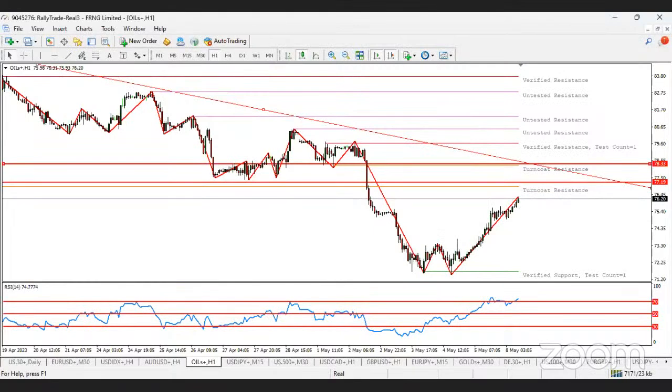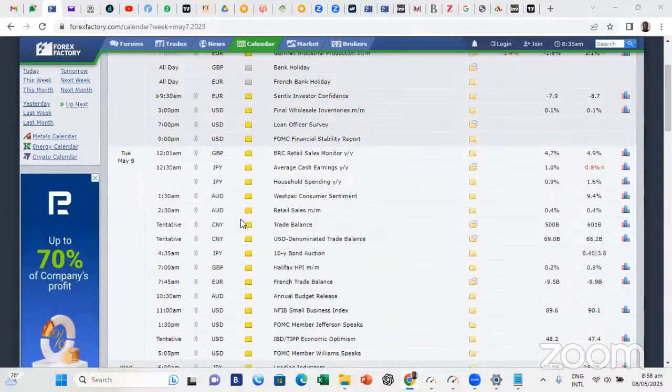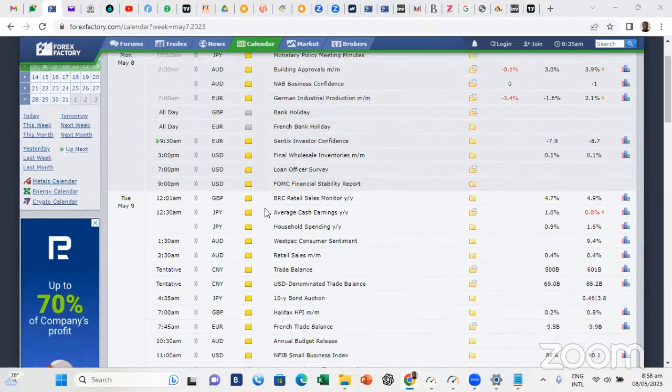I'm going to start with the oil charts. But before then, let's look at what we're expecting this week. From the Forex Factory calendar, today and tomorrow we don't expect much fundamental movement in the market.